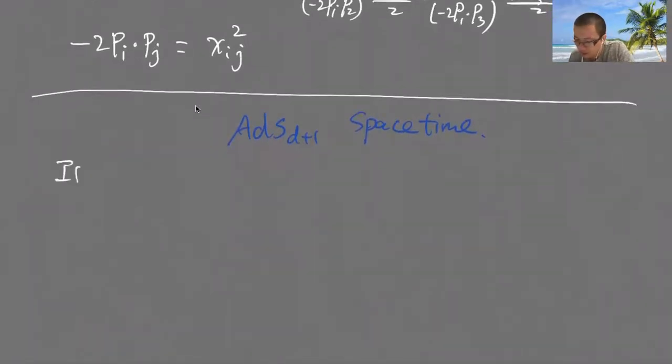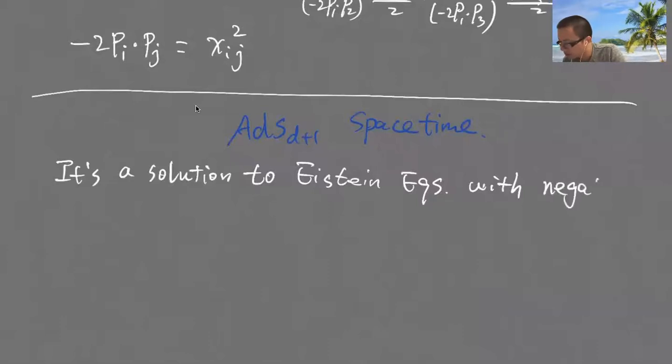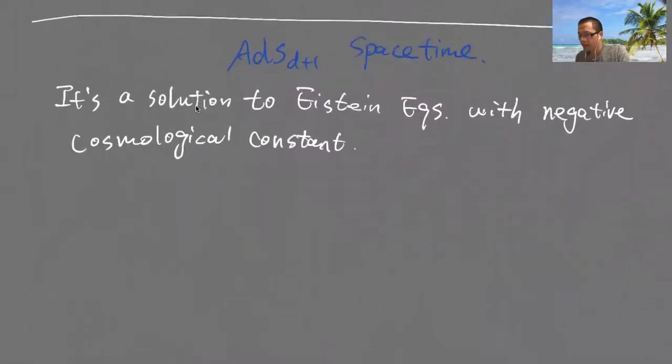It's a solution to Einstein equations with negative cosmological constant. It's a maximally symmetric d plus 1 dimensional space.